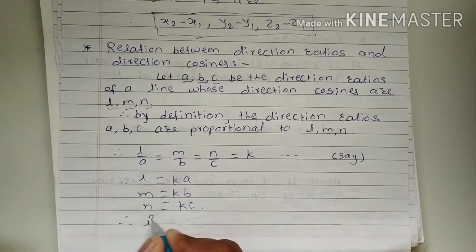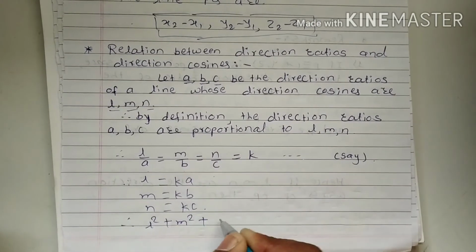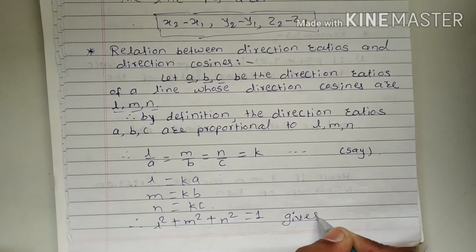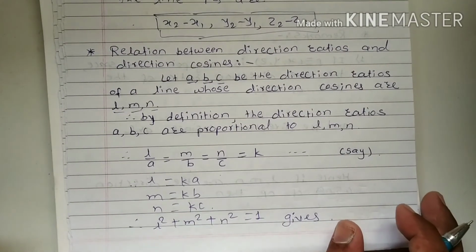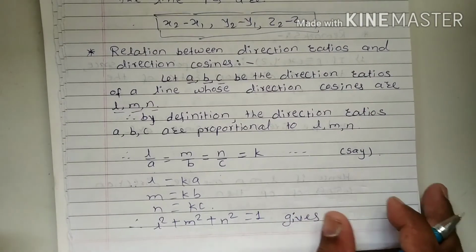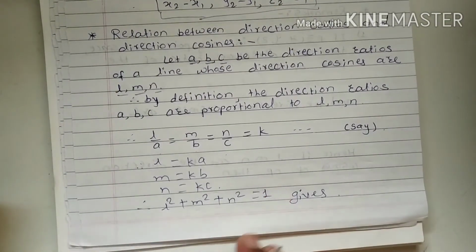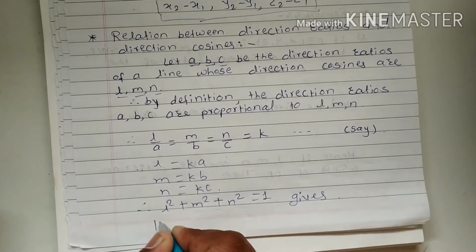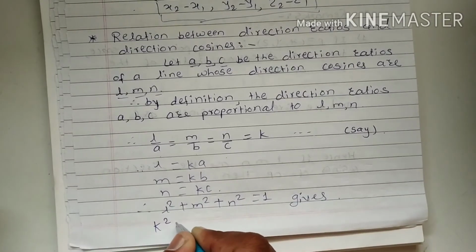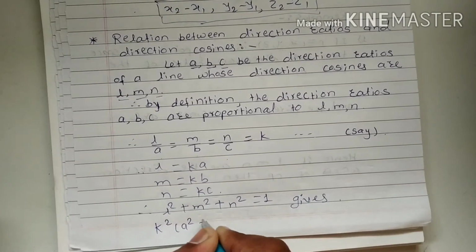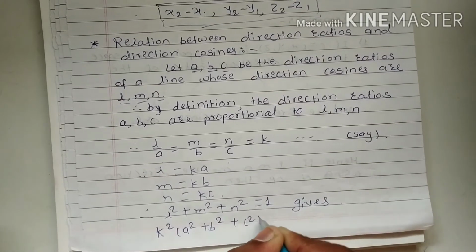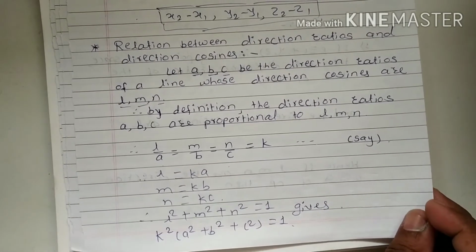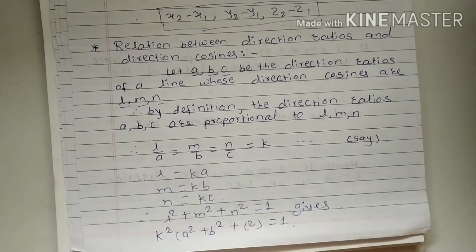Therefore, l square plus m square plus n square is equal to 1 gives k square in bracket a square plus b square plus c square is equal to 1. Then we find the value of k square, then the value of k.